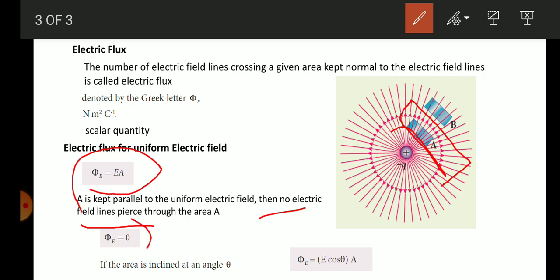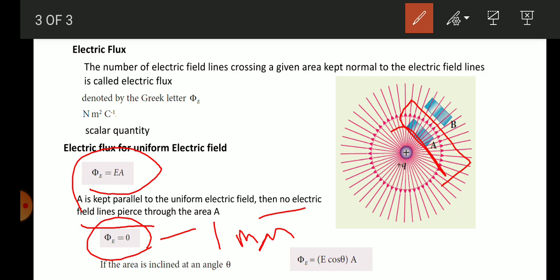So phi E will be 0 when the area is considered parallel to the uniform electric field. It will be asked for 1 mark. Simply they will say area A is considered parallel to a uniform electric field of some magnitude in Newton meter square Coulomb power minus 1. Then what is the flux through it? The flux through the area will be 0 because the area is placed parallel to the uniform electric field.